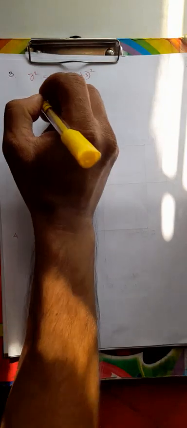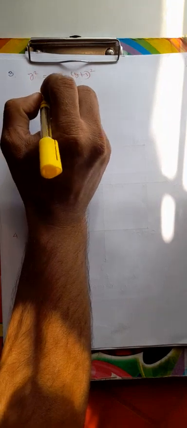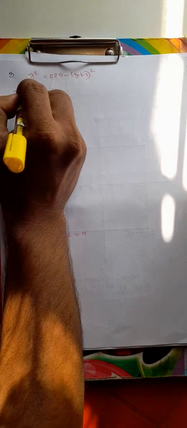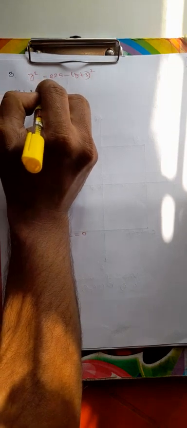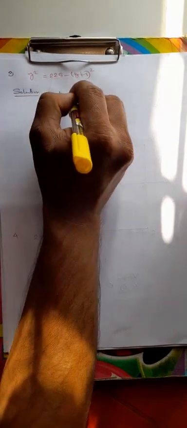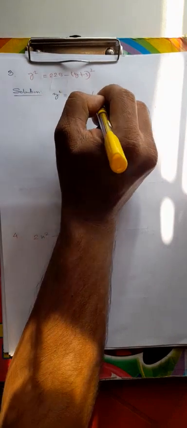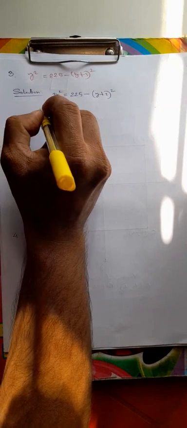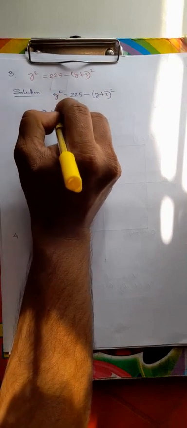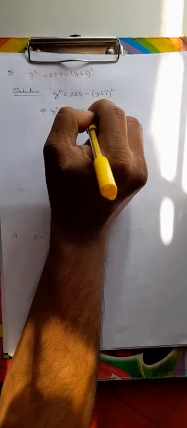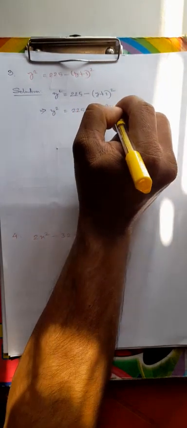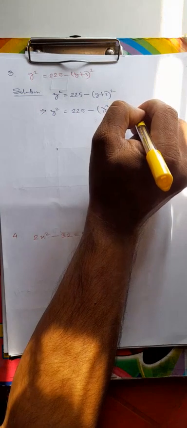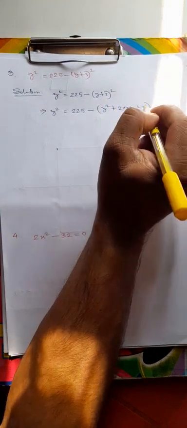Now let's solve this. Y square equal to 225 minus y plus 3 whole square. So let's solve this equation. It's a quadratic equation in variable y. So this implies y square equal to 225 minus a square plus twice of ab plus b square.